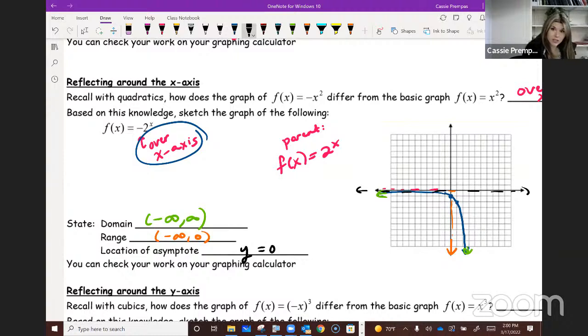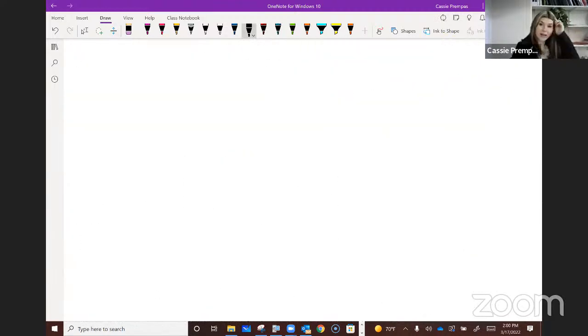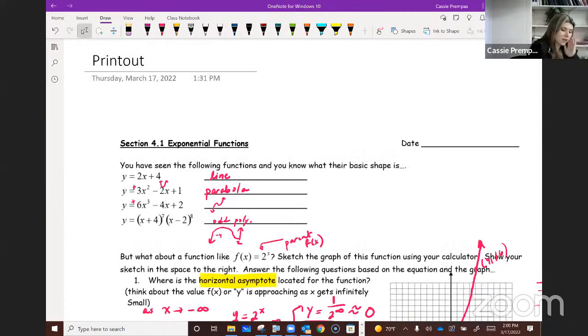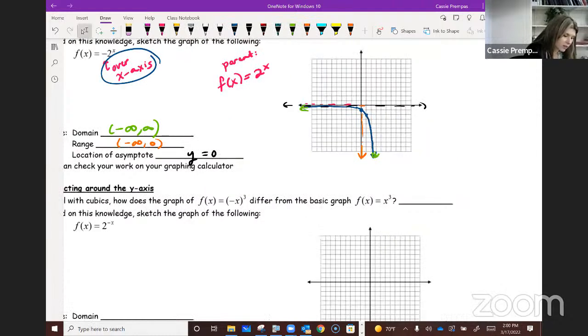One last reflection we must talk about. And then we'll do a little bit of practice. Recall how to reflect around the y-axis. In a case like one you've already seen, the negative has to go in with the input, in with the x. Like f of x equals -x to the 3rd power will reflect over the y-axis.